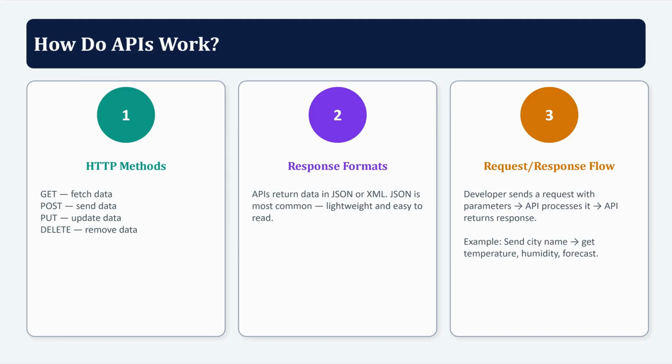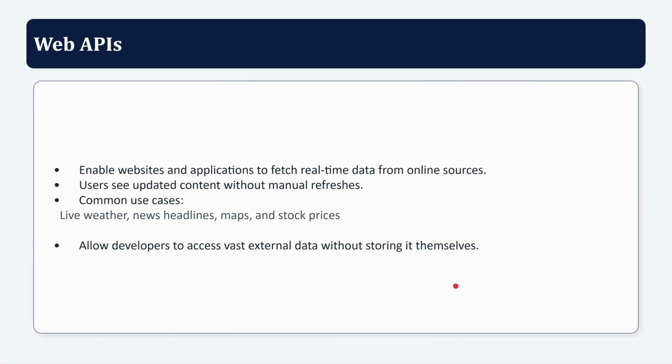JSON is the most common API format because it's lightweight and the easiest to read. And third, the request and response flow. Developers send a request with the parameters, the API processes it, and the API returns a response. For example, in the same weather scenario, you can send a city name and you'll get the temperature, humidity, and the forecast.